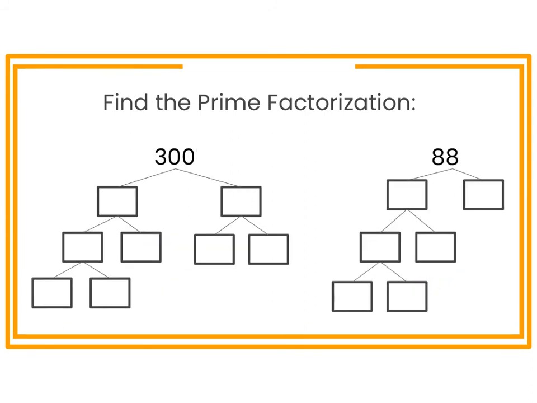Now let's look at the prime factorization of 300. 300 can be broken down into 30 times 10. Both 30 and 10 are composite numbers, so they need to be broken down even further. 30 can be broken down into 6 times 5. 10 can be broken down into 2 times 5.